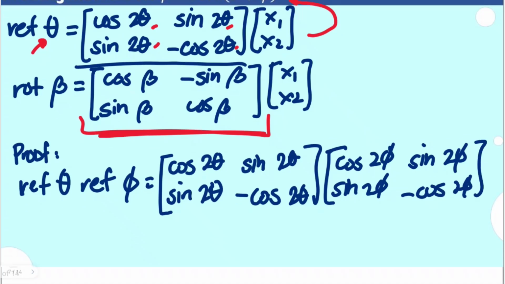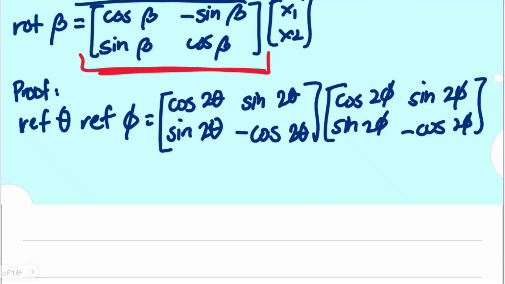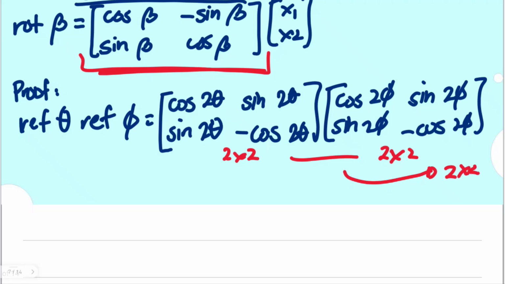Take note, this is defined because when you multiply a 2 by 2 matrix by a 2 by 2 matrix, the result is also a 2 by 2 matrix. Let's show the result for it step by step.